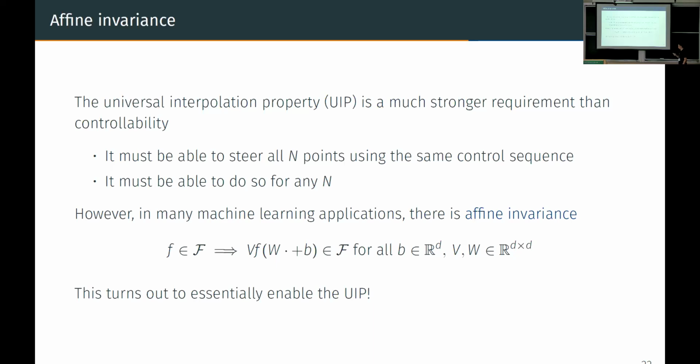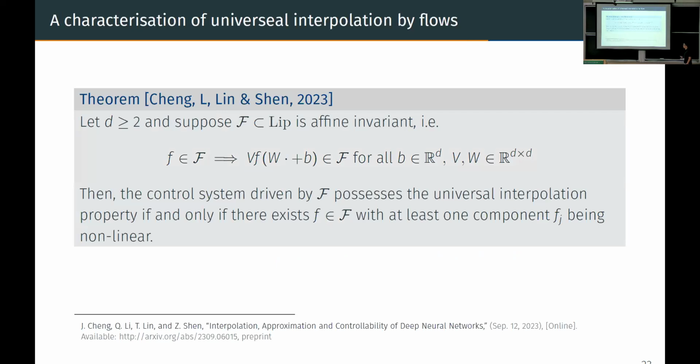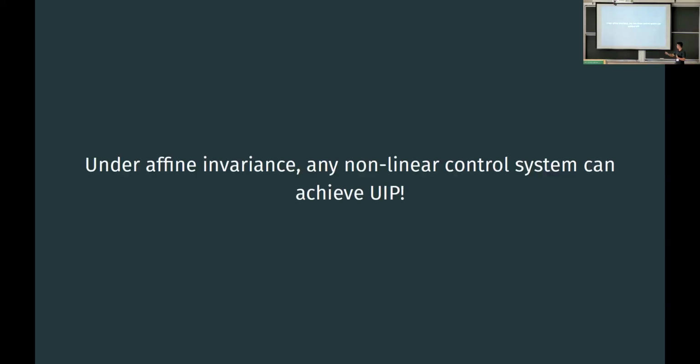More precisely, we can prove the following result: in dimensions greater than or equal to 2, if you assume that your control family is Lipschitz and affine invariant, then you have the UIP if and only if your control family has one nonlinear function. That means your family has one function with one component being nonlinear, and you can make it interpolate arbitrary points by just stacking layers. In other words, this stacking is really powerful.